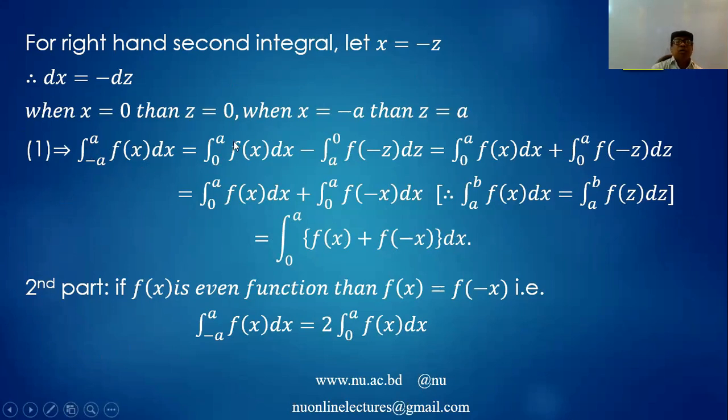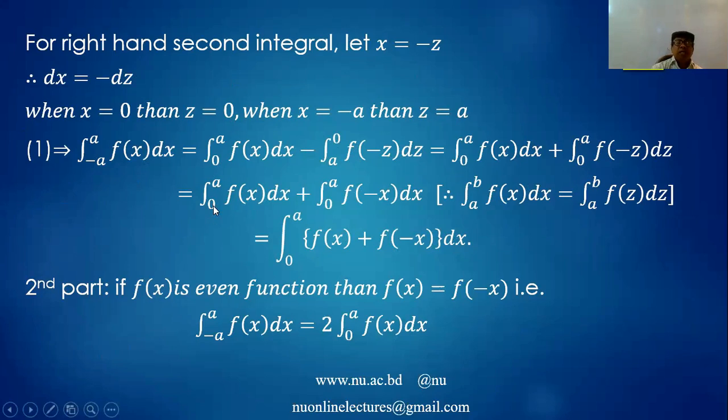Now integration 0 to a f of x dx plus integration minus a to 0 f of x dx becomes integration 0 to a f of x dx plus integration from a to 0 of f of minus z times minus dz. If we drop the negative sign, the limit will be changed, so now it is 0 to a of f of minus z dz.